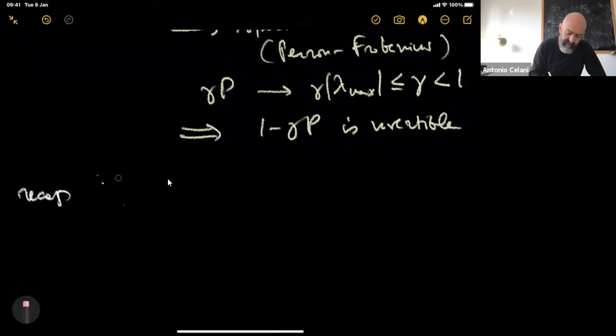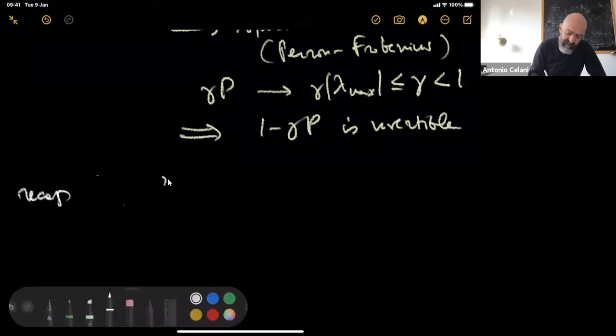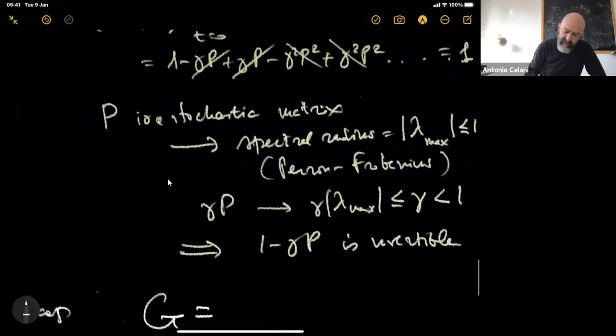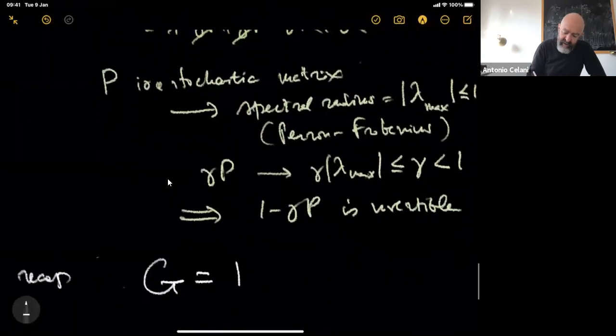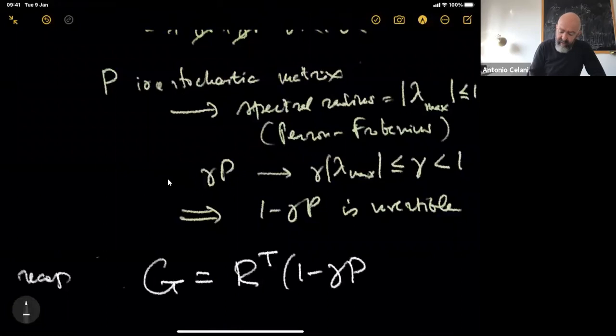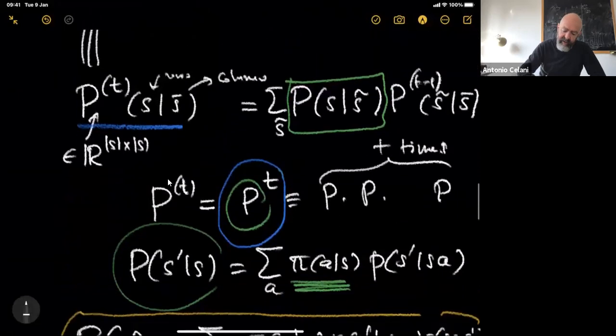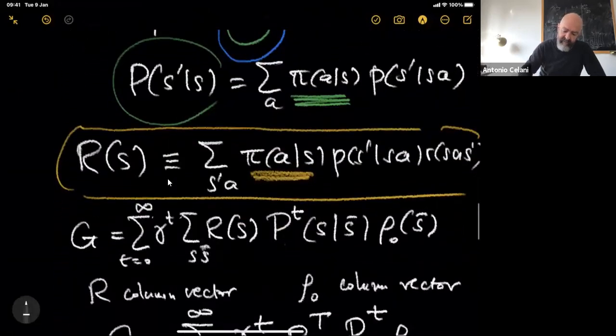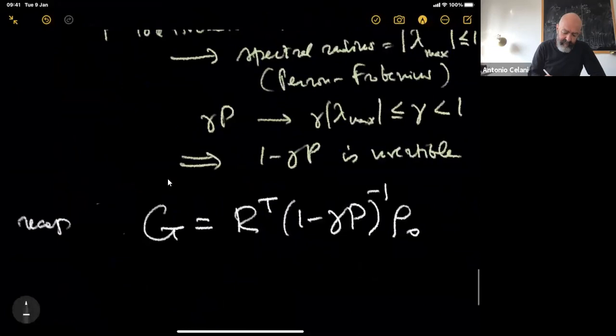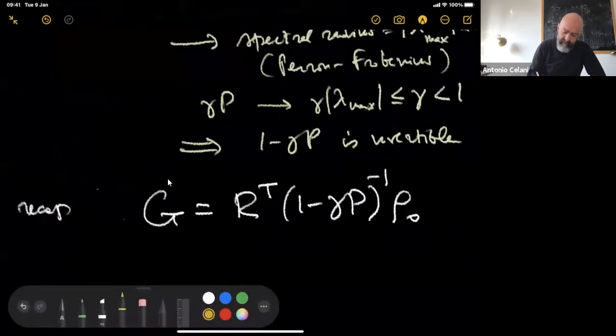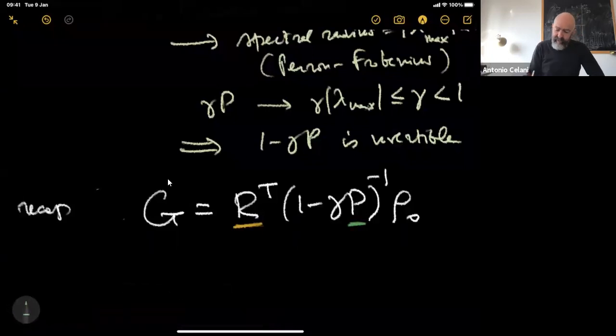I'm running ahead of time. Recap, we can write G as a simple object, which is just R transpose times 1 minus gamma P to the minus 1 times rho 0, where remember that we have these definitions in yellow here and in green here. This was defined here, and this was defined above here.